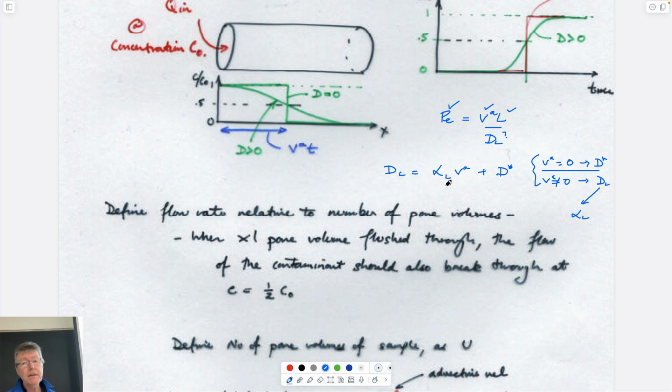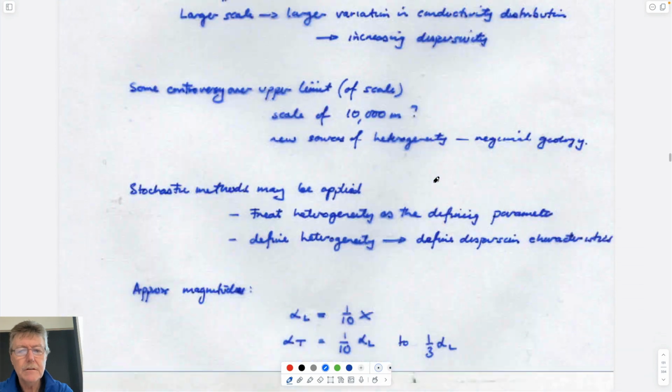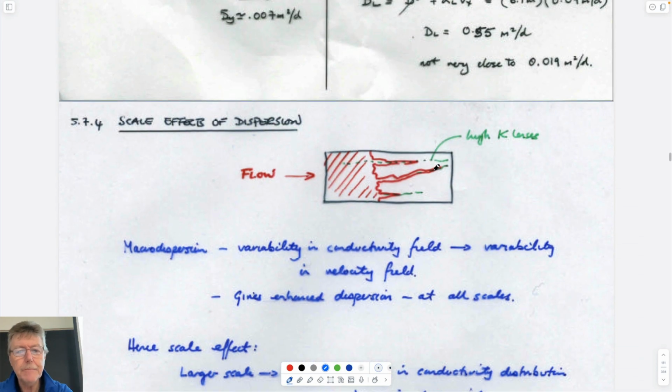But it turns out that this mechanical dispersion is also a function of scale. And so if you think about it, using this diagram here, if you think of the spreading of the front, we used this already to talk about the idea that if you take a sample here, it's only water. A sample here might be contaminant.